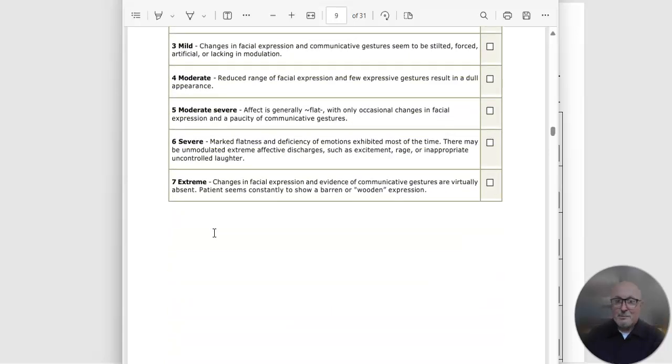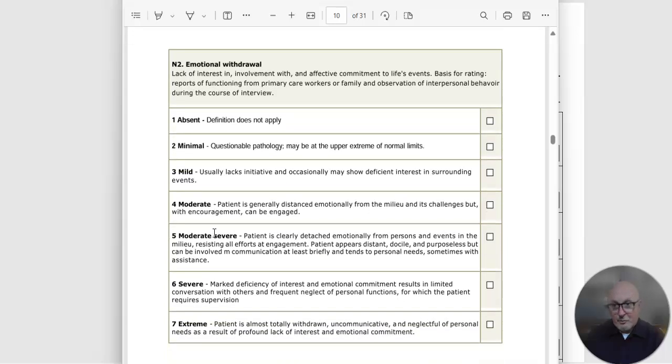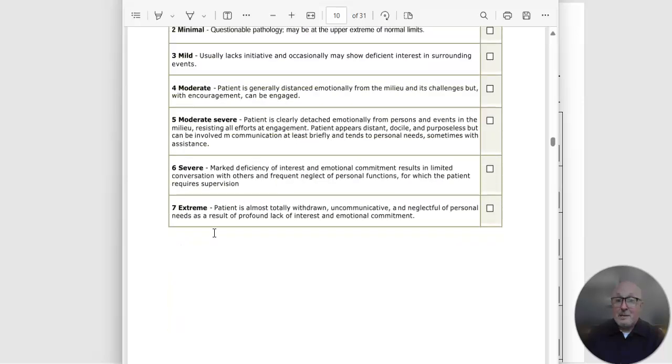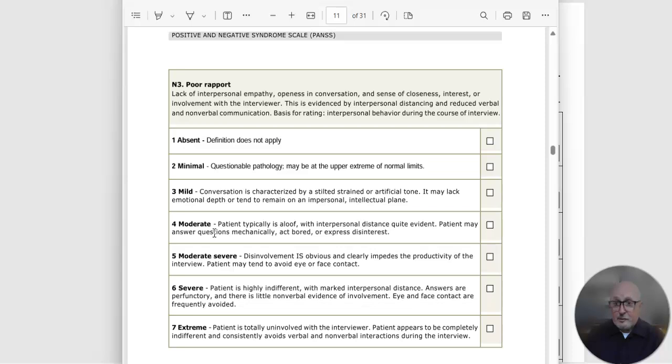So you could obviously move through this as well. Emotional withdrawal is a definite example of a negative symptom of schizophrenia. Interpersonal skills would be related to poor rapport, the inability for someone to really maintain social relationships with other people.